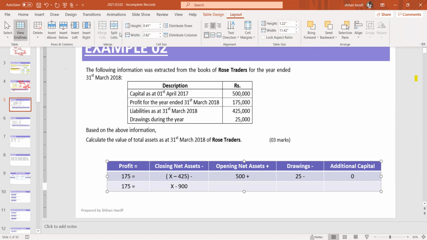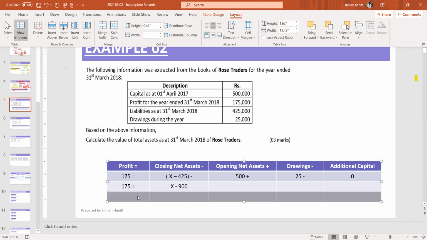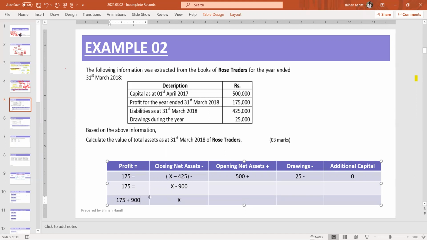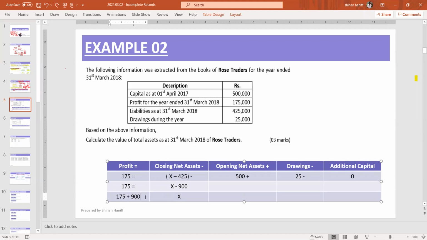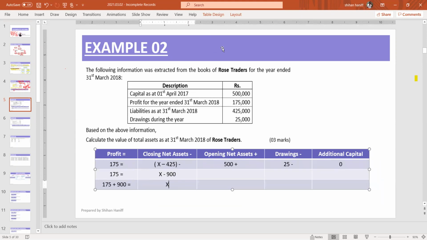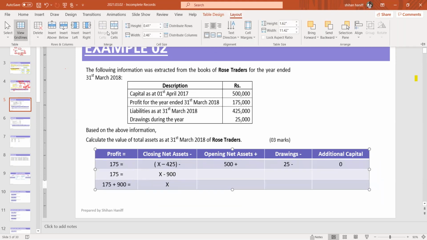Then the answer is X equals 175 plus 900. That means 1075. So X equals 1075.